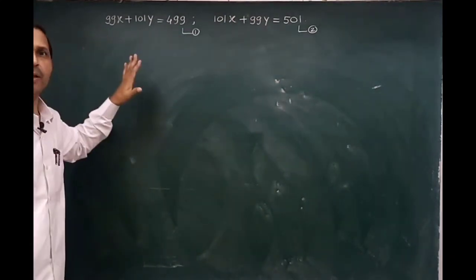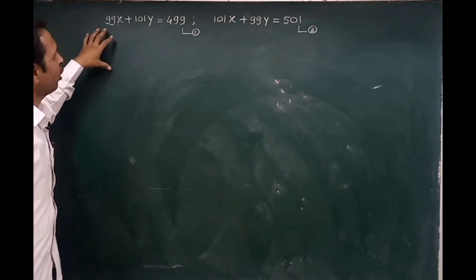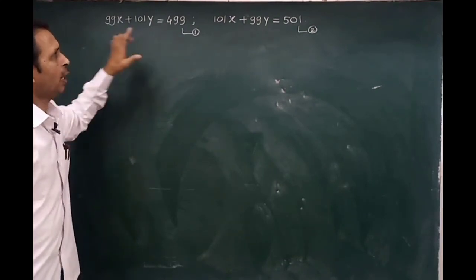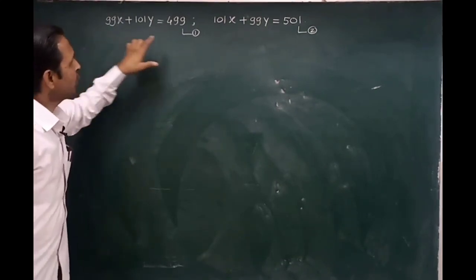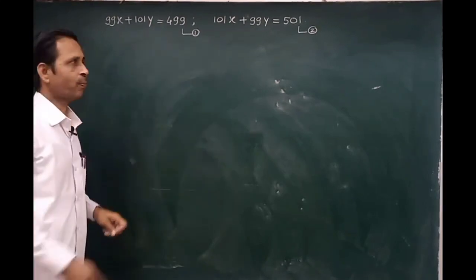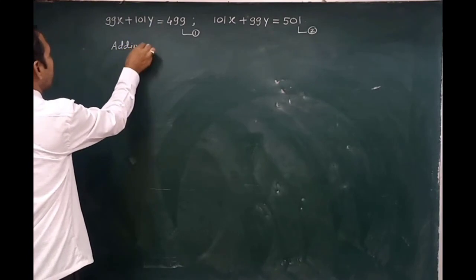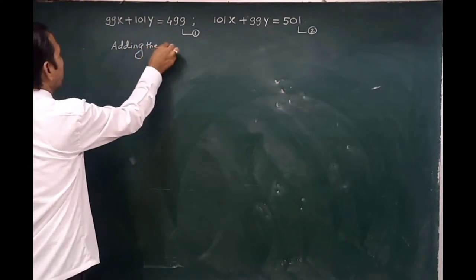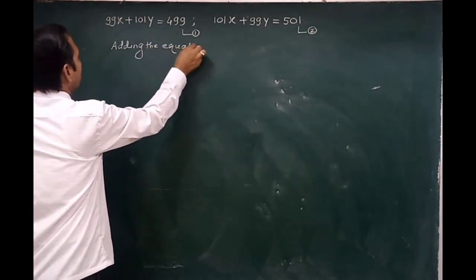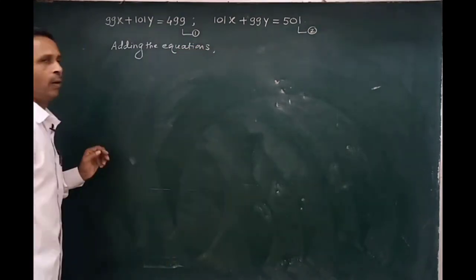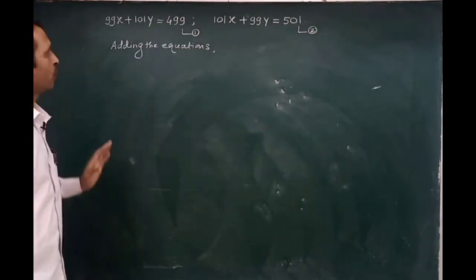Now another easy method is that first we take these two equations and add them. Now first we write here adding the equations. Directly add the equations.